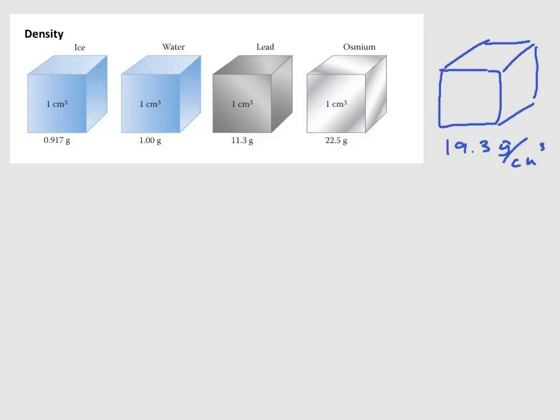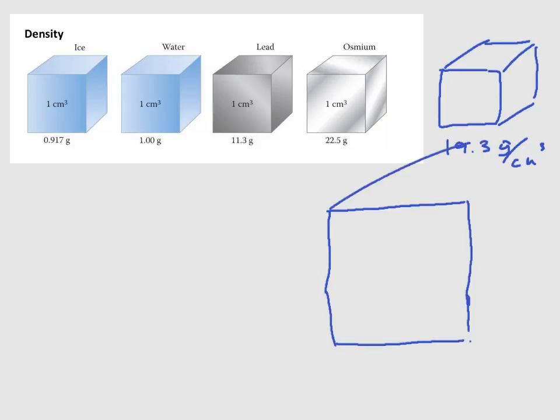If you had a block like this, 1 centimeter by 1 centimeter by 1 centimeter, about the size of your small fingernail, a small little cube, or if you had a box that was 10 centimeters by 10 centimeters by 10 centimeters, so much, much bigger. I can't draw that to scale on the slide.